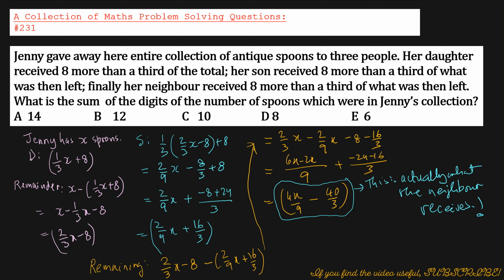So our equation will be: 1/3 of this, 4X/9 minus 40/3, plus 8, equals 4X/9 minus 40/3.